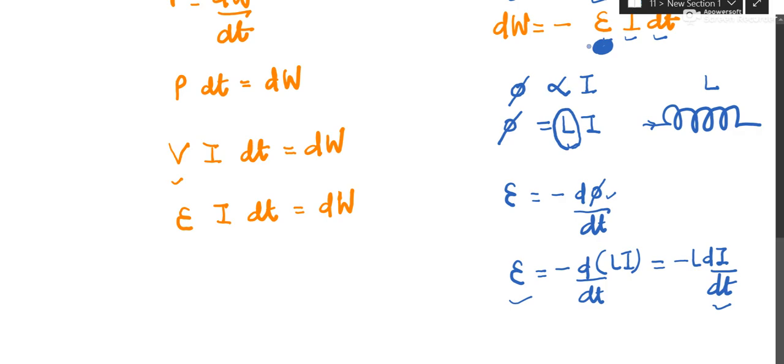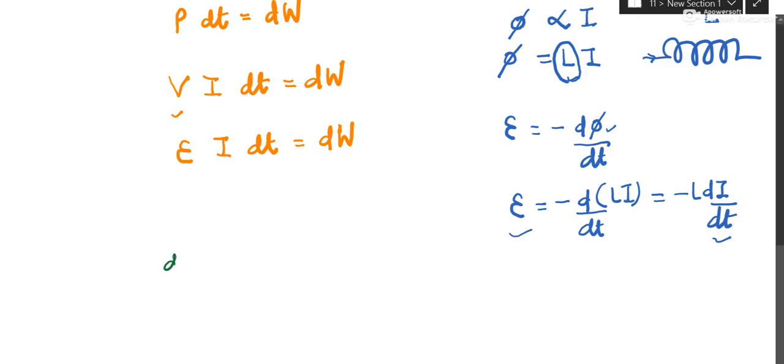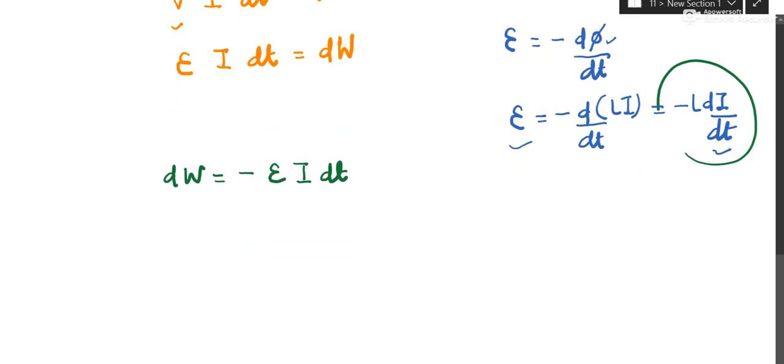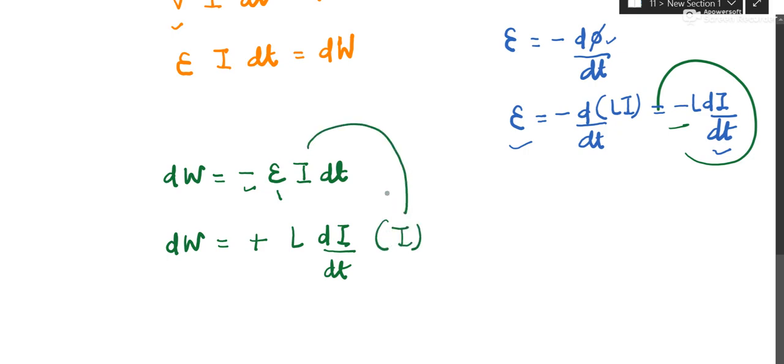So let us do that. dW is equal to minus E I dt. I am substituting this E. So dW is equal to minus L, one minus is this and one minus is this, so that will be plus, and it is L di by dt, then I as it is, and dt as it is, dt cancels.